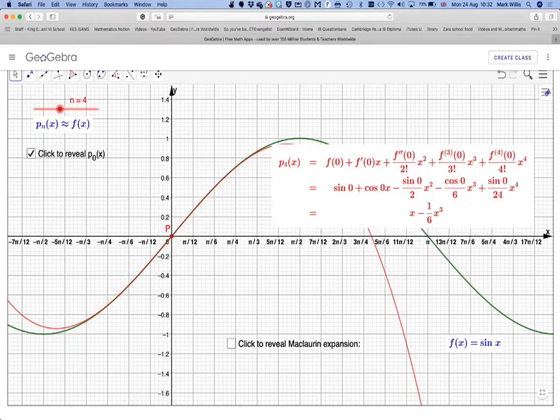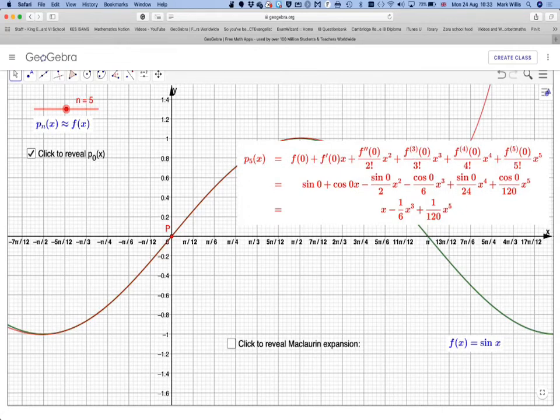When we do the next one, the derivative of minus cos is sine. And obviously when we do the sine of 0 divided by 24, the fourth term here becomes 0. So we've got a 0 term, and we've ended up with the same curve. If we do the next one, we can see that's an even better approximation.